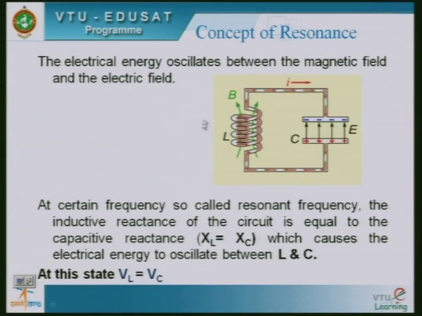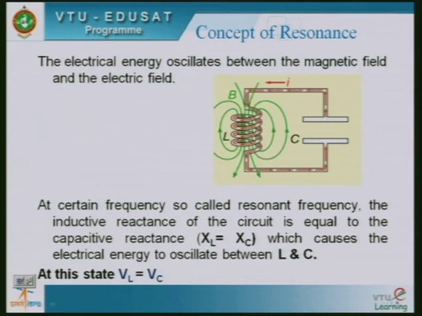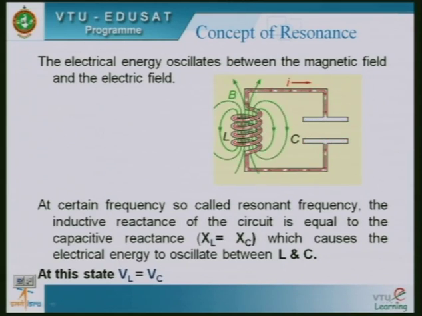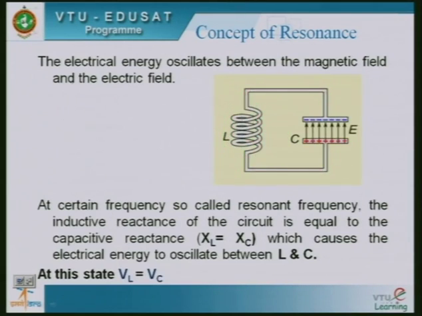See here, electrical energy oscillates between the magnetic field and the electric field, between L and C. To produce the magnetic field in the inductor, current is required, which is provided by the discharging capacitor.